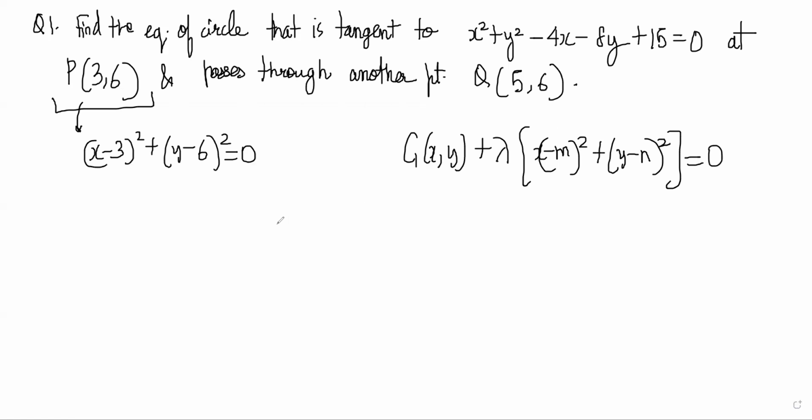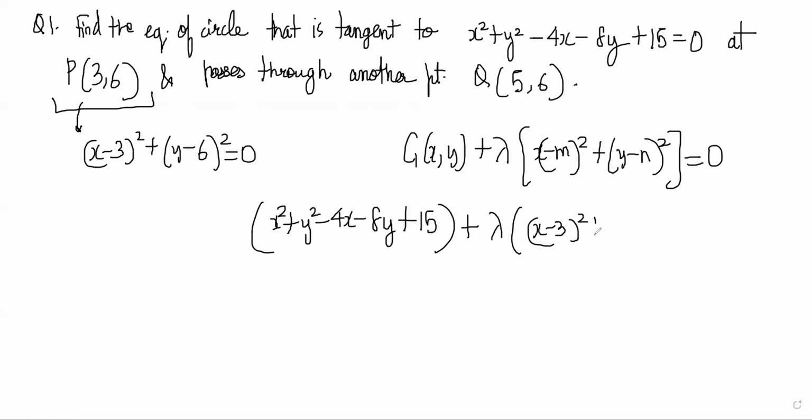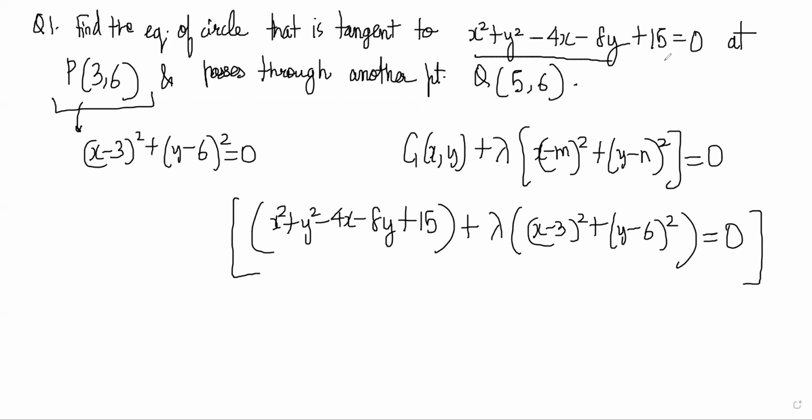So in this case, it will be x square plus y square minus 4x minus 8y plus 15 plus lambda times x minus 3 whole square plus y minus 6 whole square equal to 0. This is the equation of all possible circles that are tangent to this circle at this point, but they also pass through 5 comma 6.